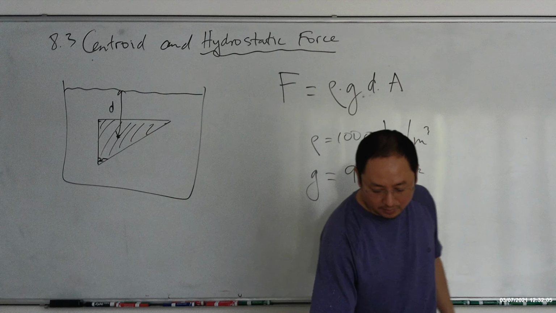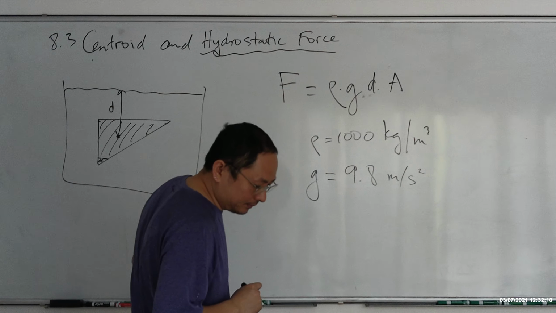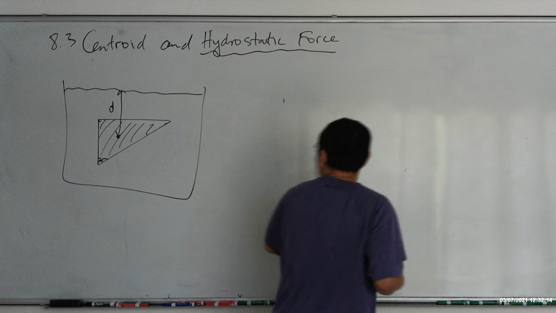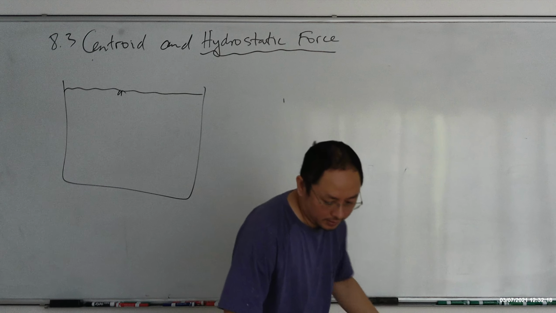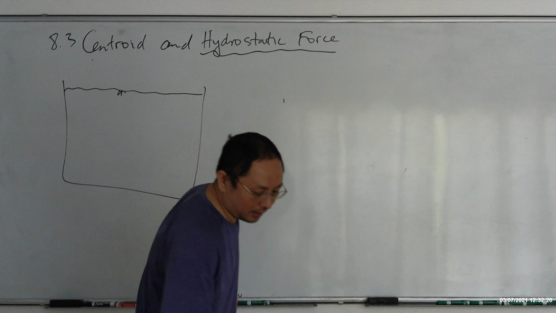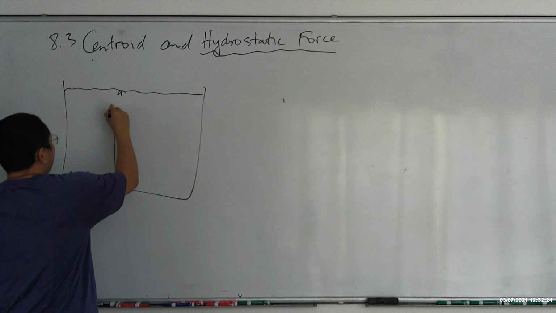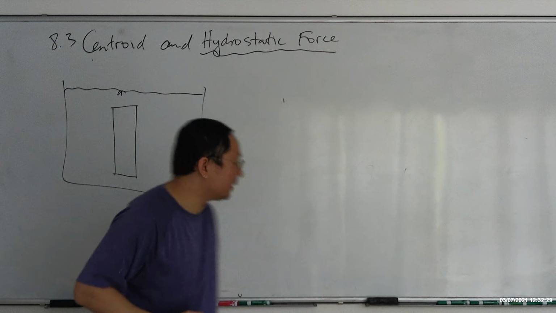So let me give you an example. Actually, an exercise in the book. First problem, problem number 3. Water, and I have a rectangular plate this way. Okay, so we have, this is 3 feet.